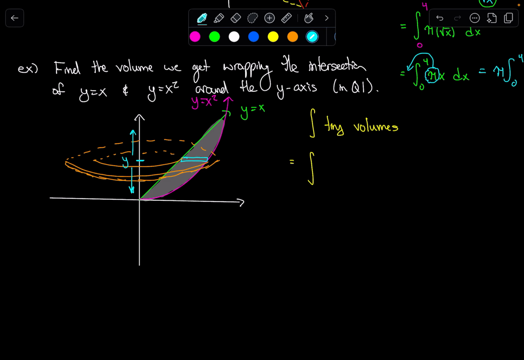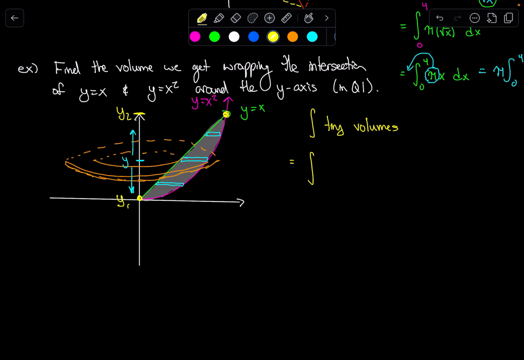We're going to be sliding this thing up and down and taking a whole bunch of these little tiny rectangles that are going to get bigger and smaller depending on which y value we're at. And we're going to stop at whatever this top y value is, and we're going to stop down here at whatever this bottom y value is.